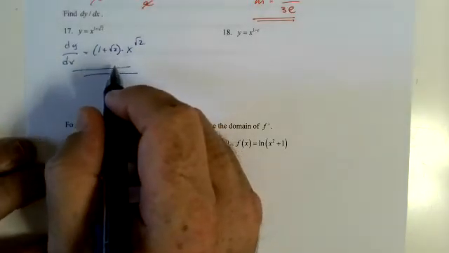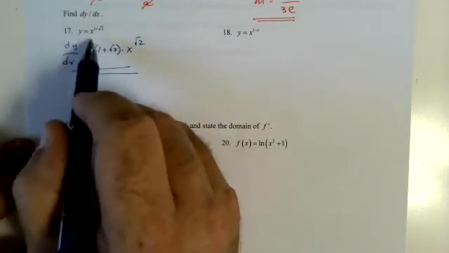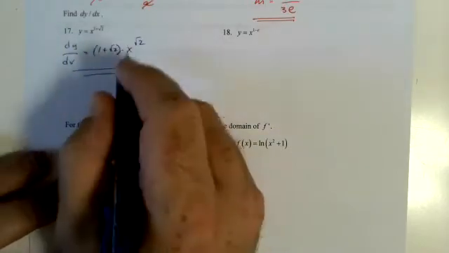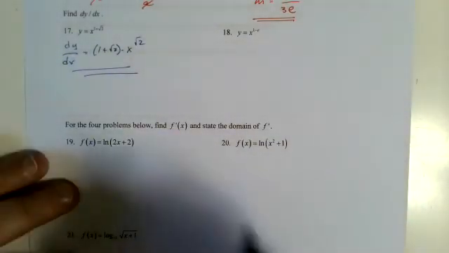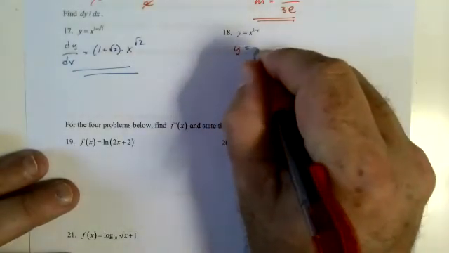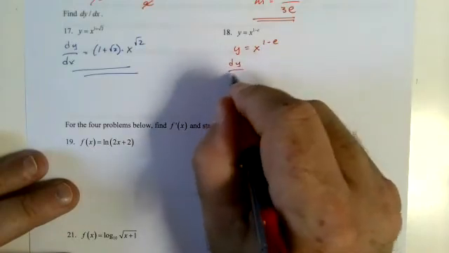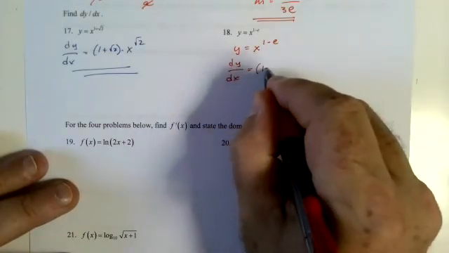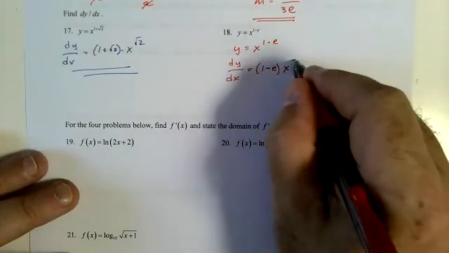Wow, I did it wrong on my old assignment. I went implicit and all this craziness. No, it's just a variable to a number, and you just subtract 1, and yeah, you know the deal. That's funny. y equals x to the 1 minus e. dy/dx equals 1 minus e, x to the 1 minus e minus 1, negative e.